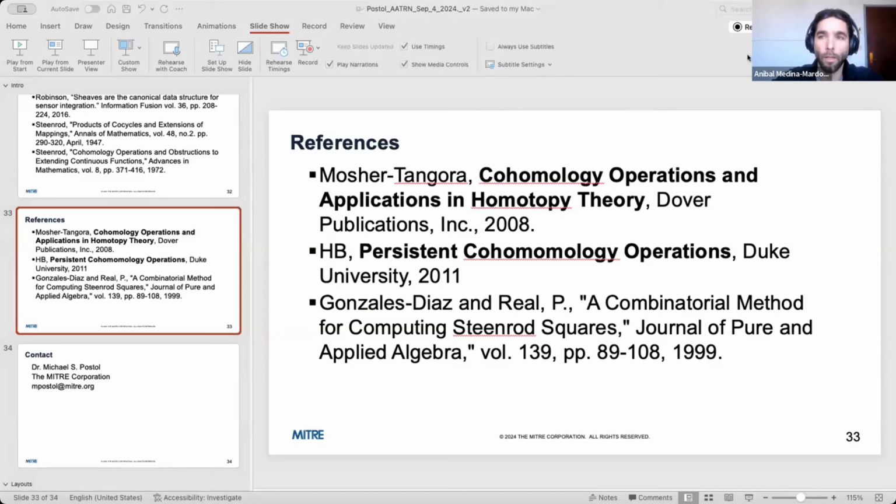As you pointed out, Gonzalez, Diaz, and Real have a method to compute Steenrod squares that is exponential. But the state of the art is much better. It's quadratic on the length of the representative cocycle. That has made the computation of Steenrod squares much faster, and has allowed for the incorporation of this invariant into the persistent pipeline.